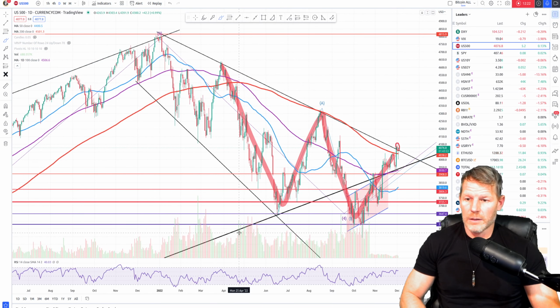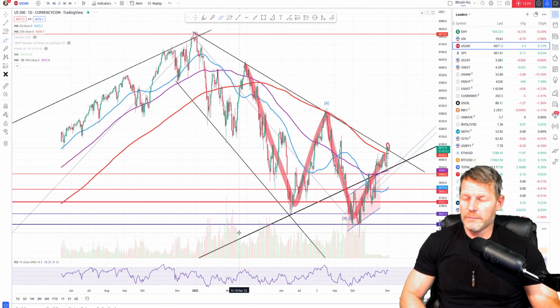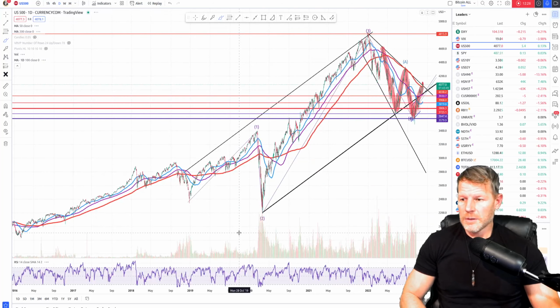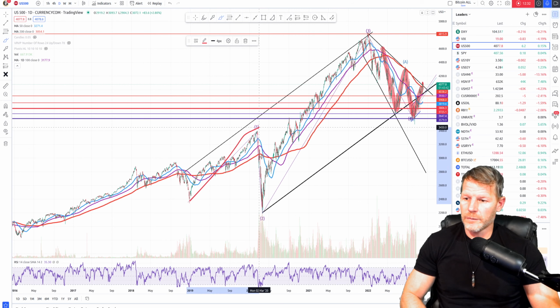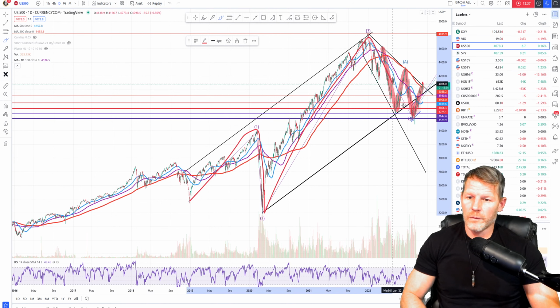And I have talked about this blow-off top for quite some time. Let me zoom out here. We'll review it one more time. This right here is wave 1 to the top just before our crash in COVID, which formed wave 2. Wave number 3, longer and more extended. Wave number 4 came to our bottom here, rested perfectly on our support.